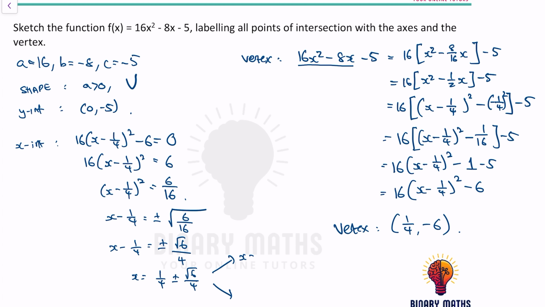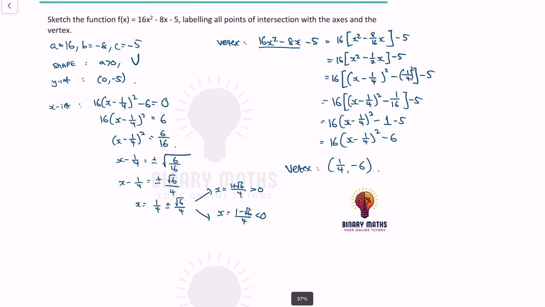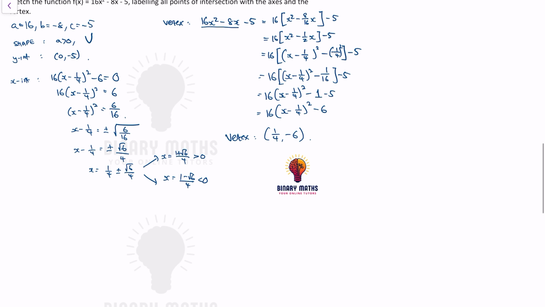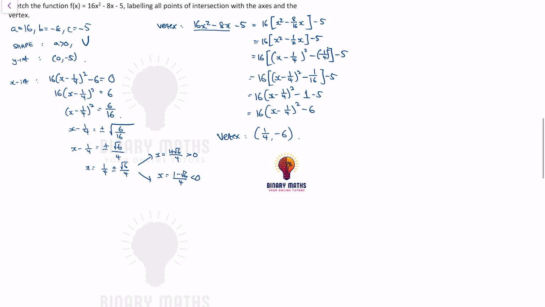I get x is equal to 1 plus root 6 over 4, which is greater than 0 because all the numbers in the numerator are greater than 0 and adding together. And my second solution is x is equal to 1 minus root 6 over 4, which is less than 0. Now that I've got all the information I need in front of me, I can sketch my quadratic.